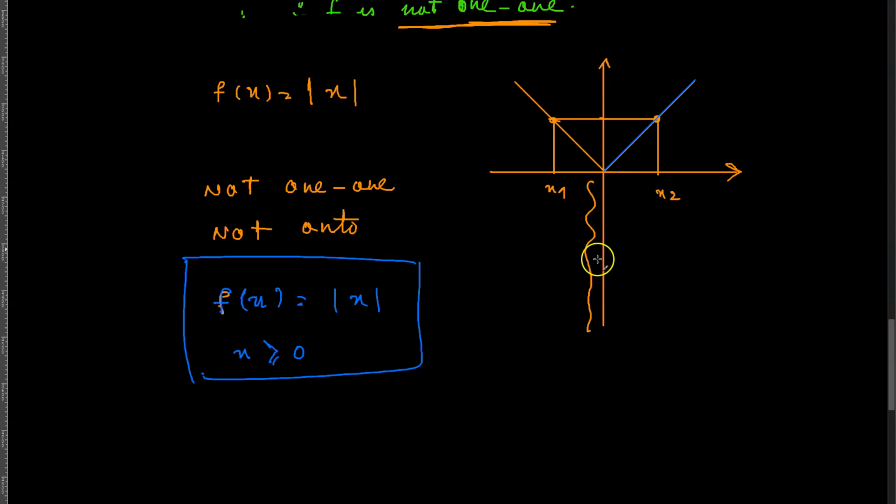It's still not onto, but there are other things that you can do for that as well, and you will be able to use it in some context to solve some problem. Okay.